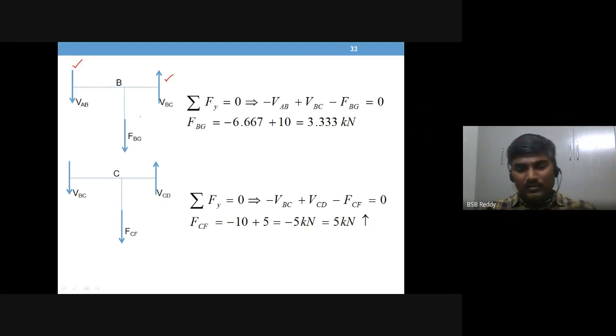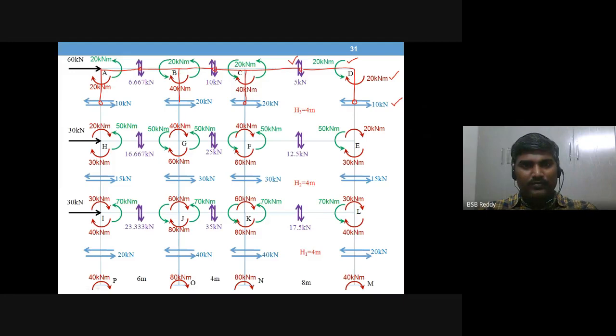So to the left you have one shear force, to the right you have another shear force. Okay, be careful. You see, this is the joint B you are taking, and you are considering this portion of the beam. So what you have here is a downward shear, and what you have here is an upward shear.